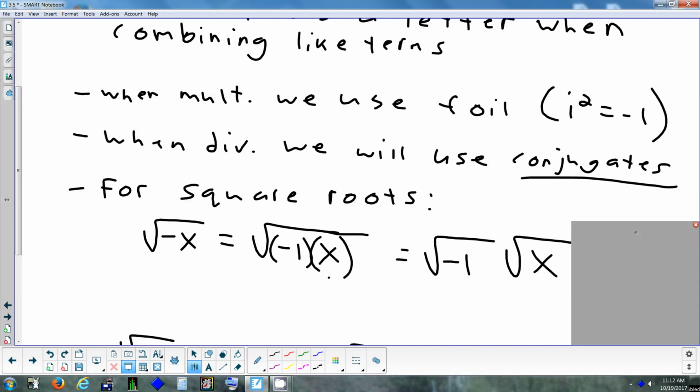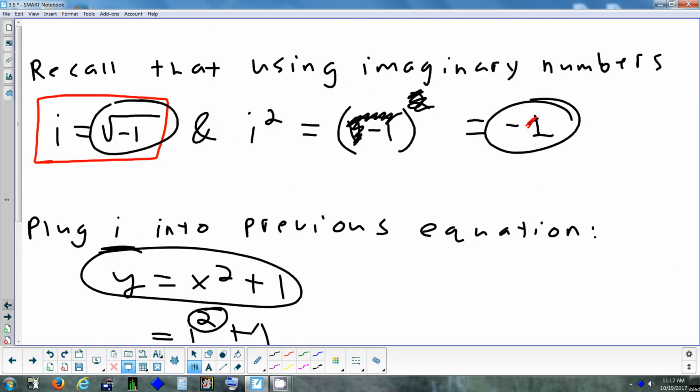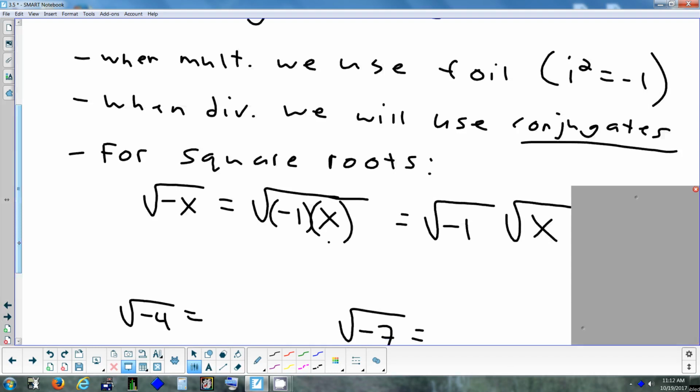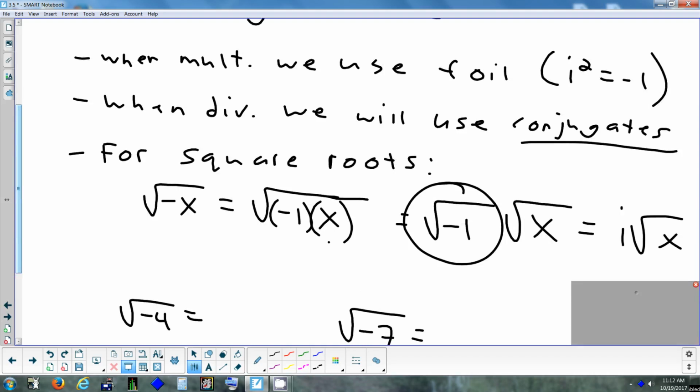Just i. Right? If we go back for a second, the square root of -1 is just i. So this part can be written as just i. So basically what happens when you take a square root of a negative, you pull an i out in front of the square root.